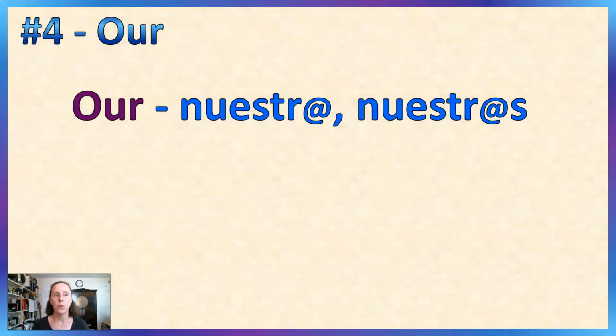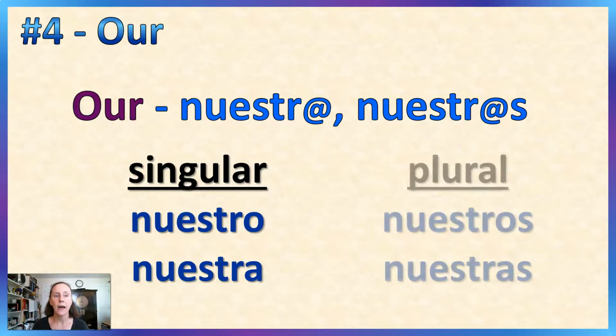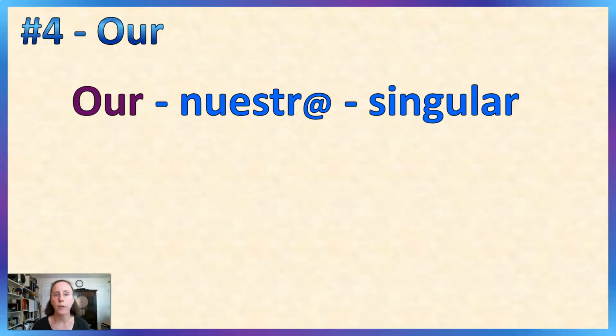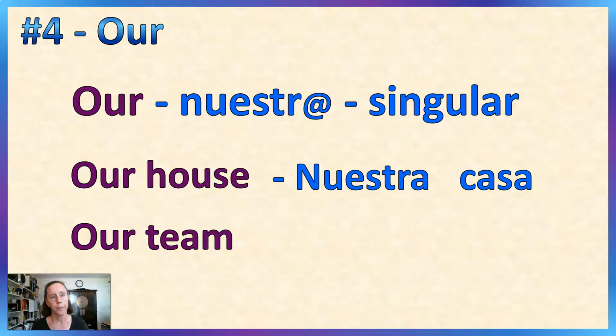All right, let's continue. Our is nuestro, nuestra, nuestros, nuestras. That is, we have singular masculine and singular feminine, as well as plural masculine, nuestros, and plural feminine, nuestras. So, for example, if we're dealing with singular nouns and we want to say our house, nuestra casa.